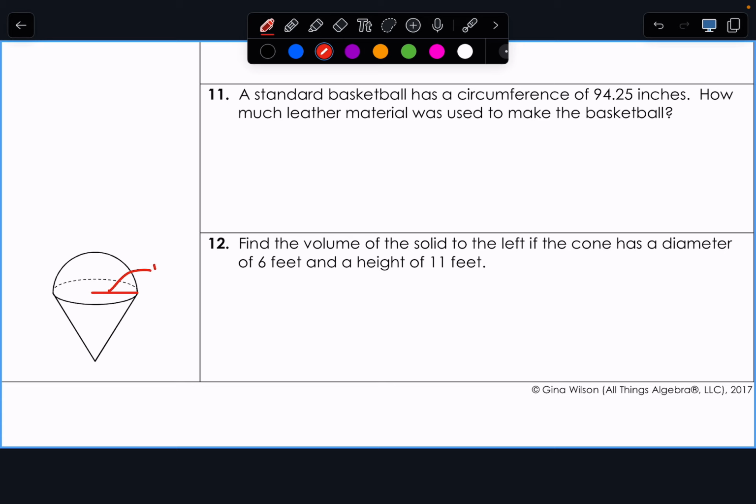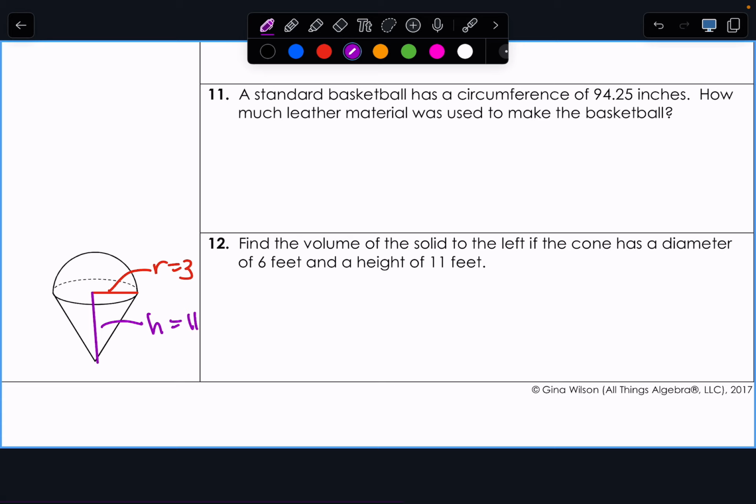So the radius is 3 and a height of 11. I want to know the volume of the whole solid. So let's talk about what this is.